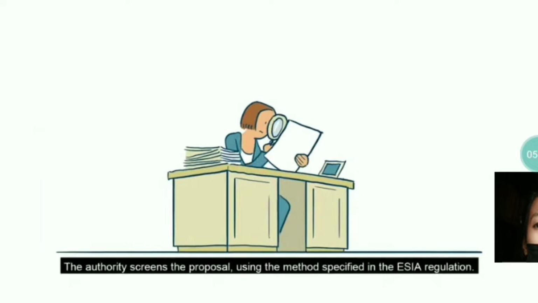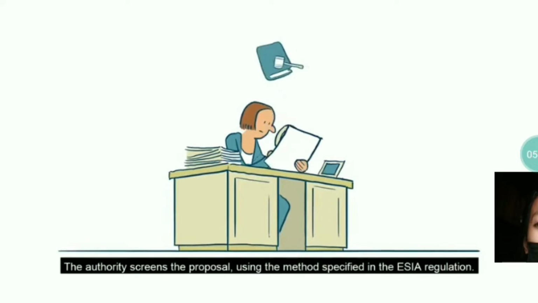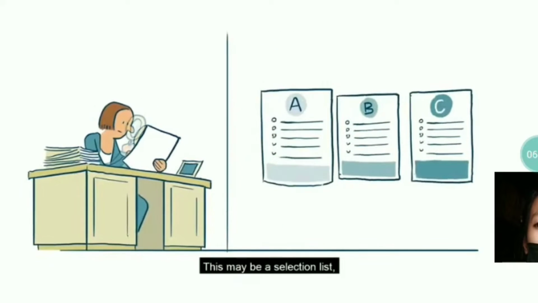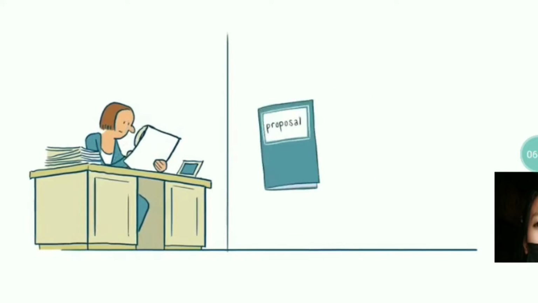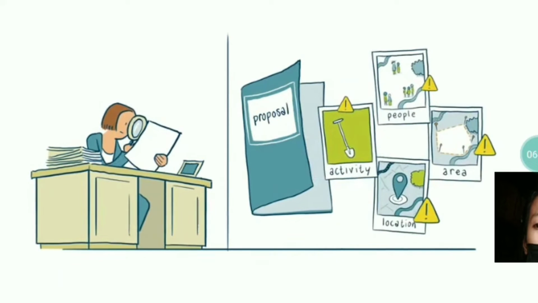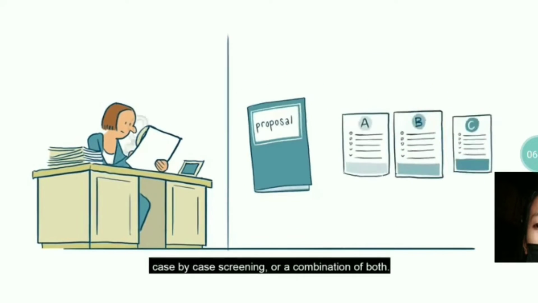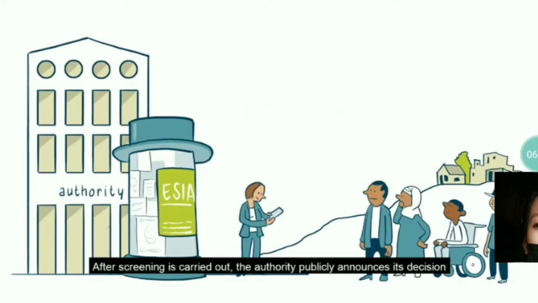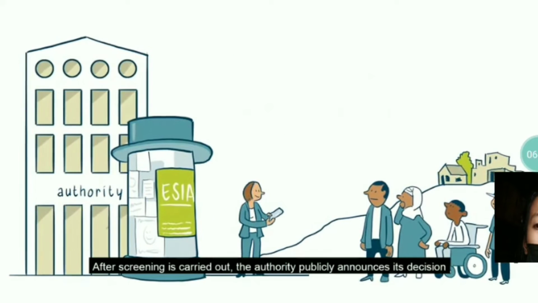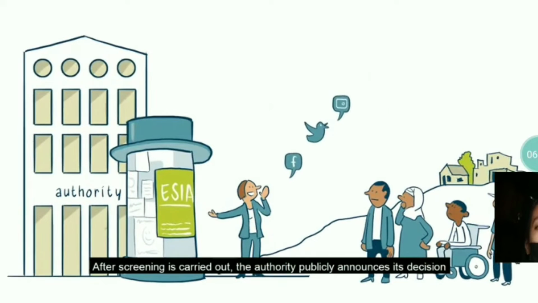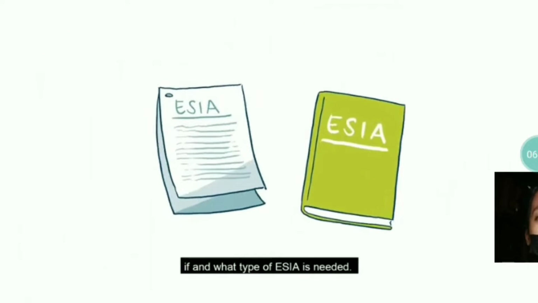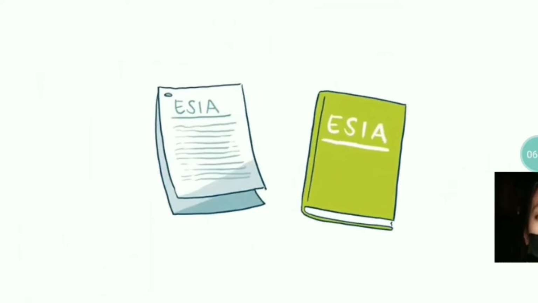The authority screens the proposal using the method specified in the ESIA regulation. This may be a selection list, case-by-case screening, or a combination of both. After screening is carried out, the authority publicly announces its decision if and what type of ESIA is needed.